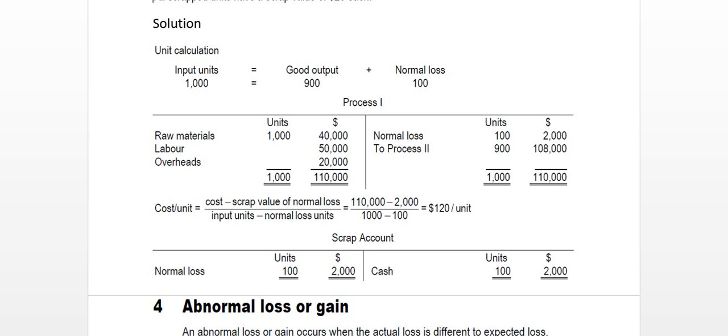We could also open a scrap account. So expect also to meet a question asking you what value you're going to have in the scrap account.